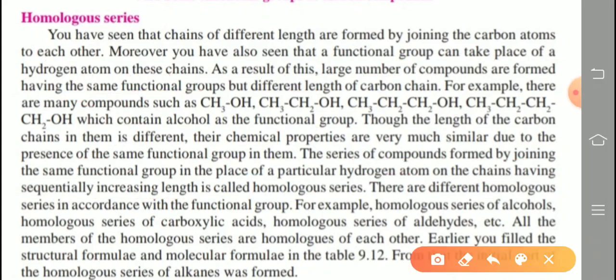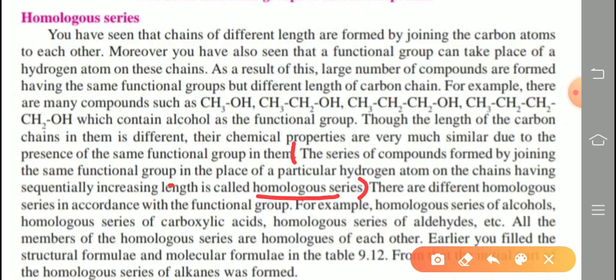Mark the definition of homologous series. Define homologous series: the series of compounds formed by joining the same functional group in the place of a particular hydrogen atom on the chain having sequentially increasing length is called a homologous series.